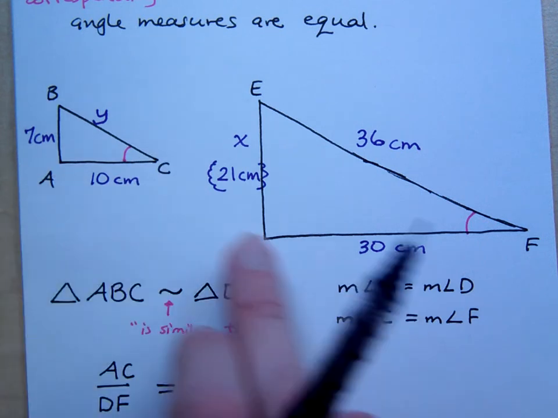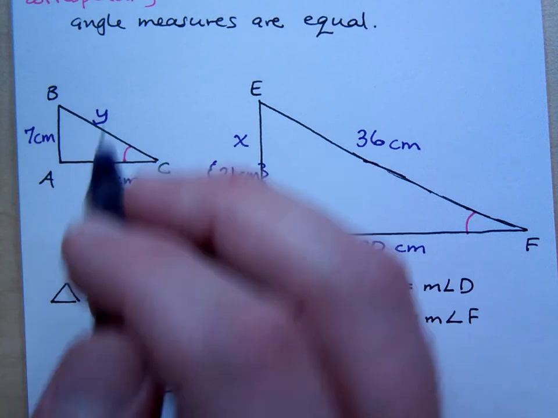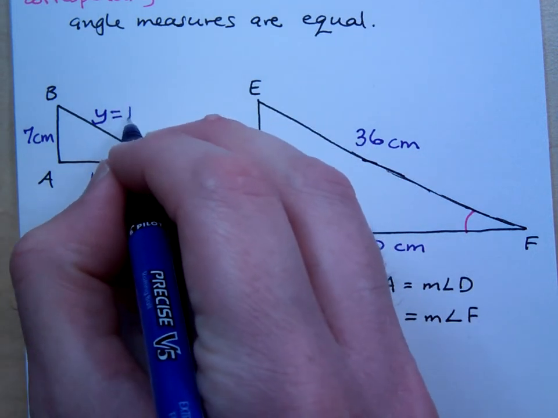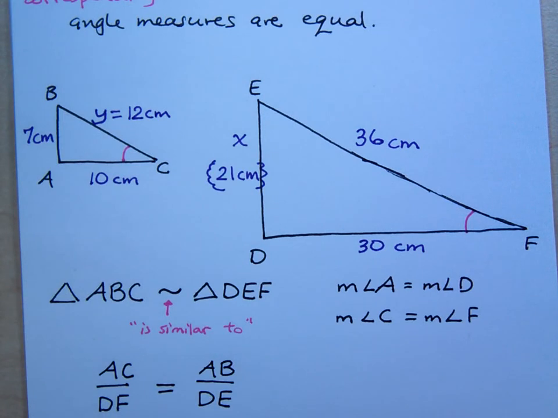So 30 divided by 3 is 10. 21 divided by 3 is 7. 36 divided by 3 would make this guy equal to what? Would make it equal to 12. Do you guys believe me on that? So let's see what you can do if I tell you that some things are similar, and see if you can find the corresponding side.